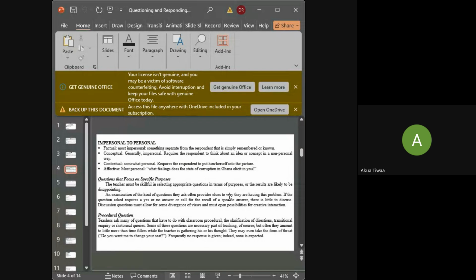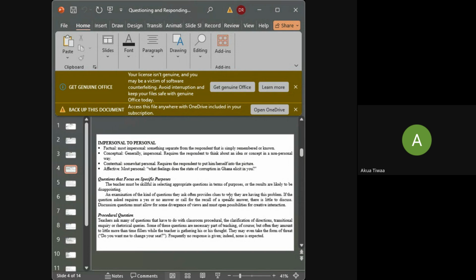Facts. It's like when some people are arguing and say, oh, this is a fact. So with factual questioning, we say they are most impersonal. It is not coming from you. It is a fact. It is not me who is saying it. So it is something separate from the respondent that is simply remembered or known.